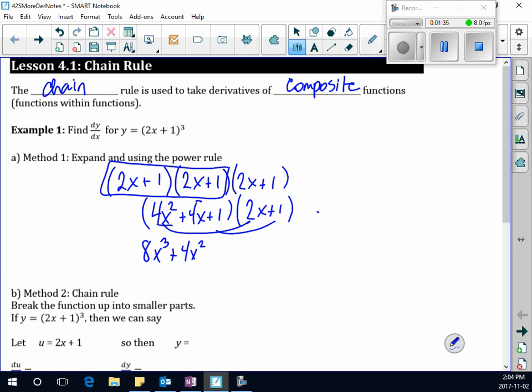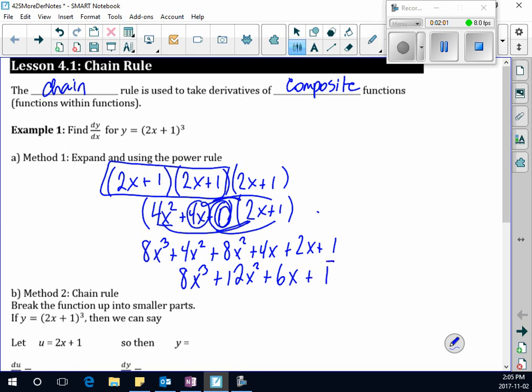Then the next one we're going to take 4x and multiply it by both. So 4x times 2x is 8x squared, and then plus 4x, and then we're going to take the 1 and multiply it by both, so 2x plus 1. So if I combine all of it, I get 8x cubed plus 12x squared plus 6x plus 1.